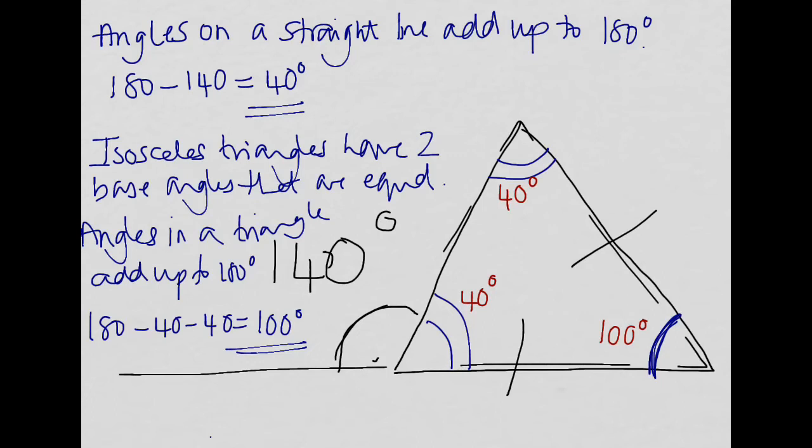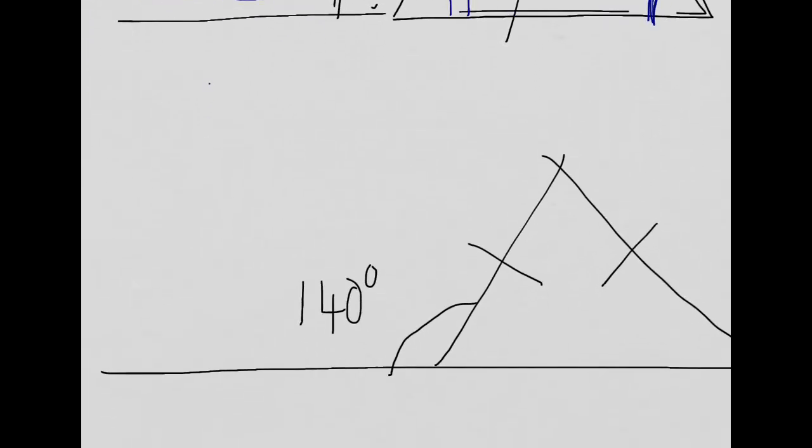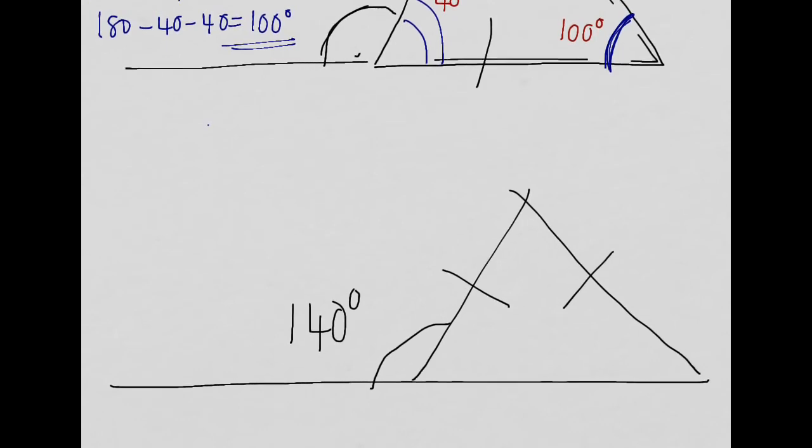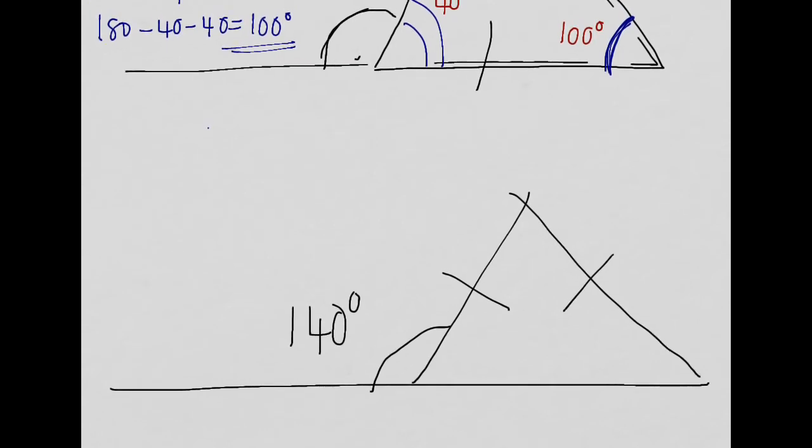Now I'm going to do another question, very similar, but we're going to get slightly different answers in slightly different places. So if I scroll up, I have this one here. And here, again, I need to start with where are my angles the same and where are they different?